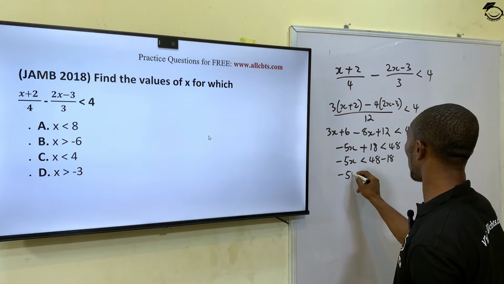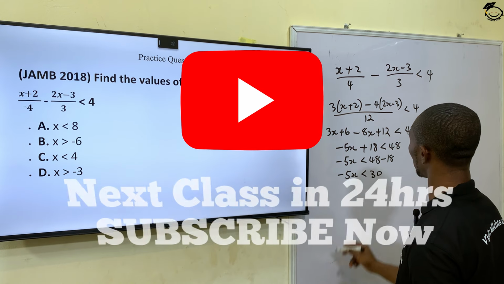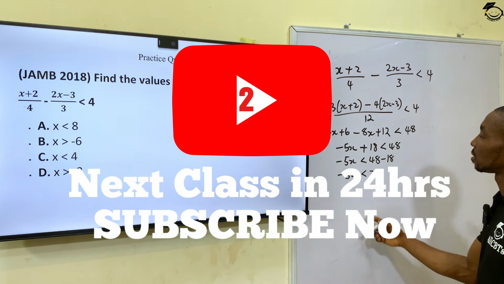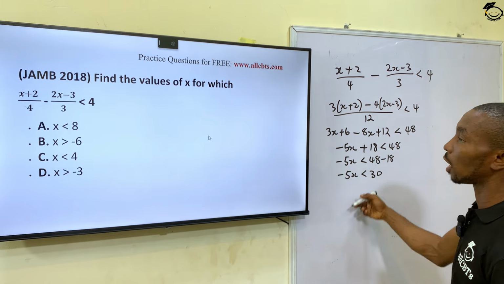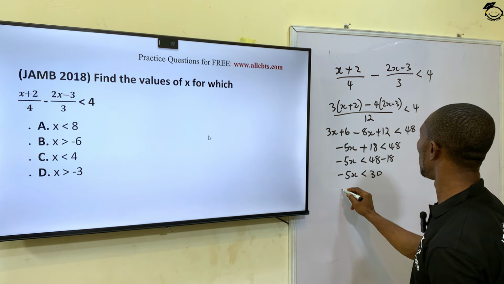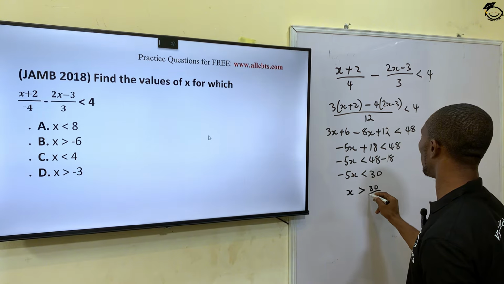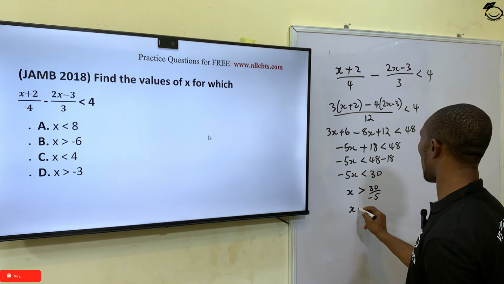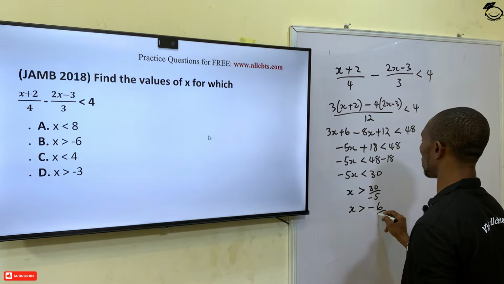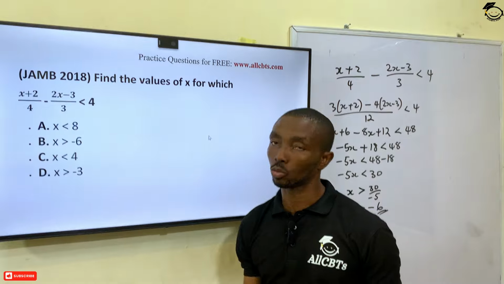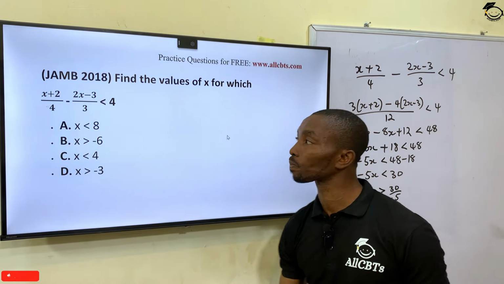So minus 5x is less than 30. Now, dividing both sides by minus 5 would change our sign. So this becomes x is greater than 30 over minus 5. So x will be greater than minus 6 as our answer, which is our option B.